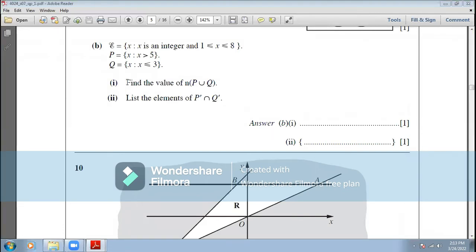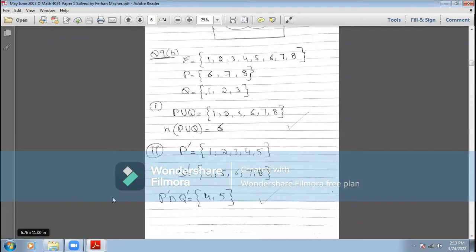So I hope you have understood the first part and the second part. Let me show once again. We have found the P complement. P complement means the members in the universal set other than the P. And the Q complement means the members in the universal set other than the Q. So the P complement will be 1, and the Q complement will be the common members in the P complement and the Q complement.